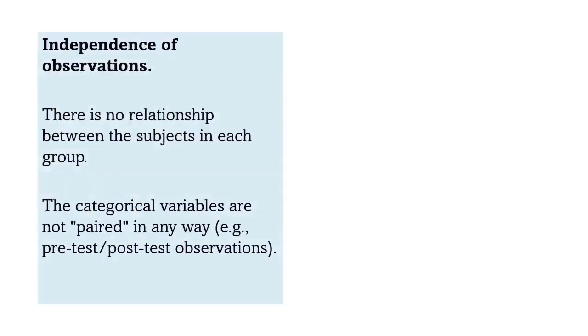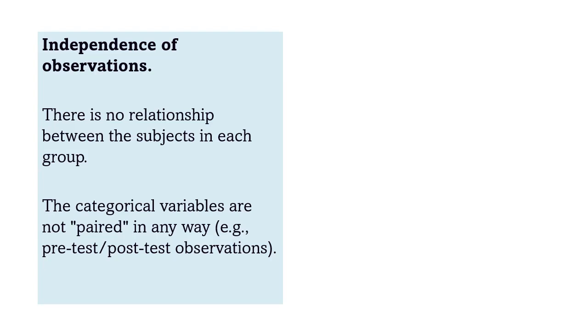So we have discussed the independence of observation, which means that there is no relationship between the subjects in each group and the categorical variables are not paired in any way, like we have seen in the pre-test and post-test observation.